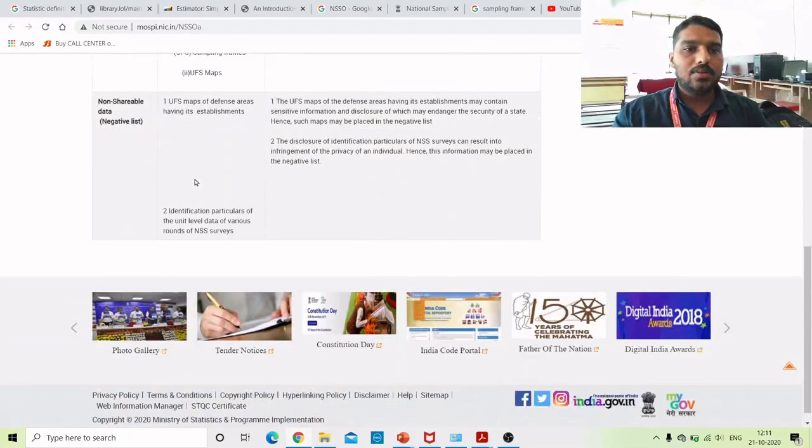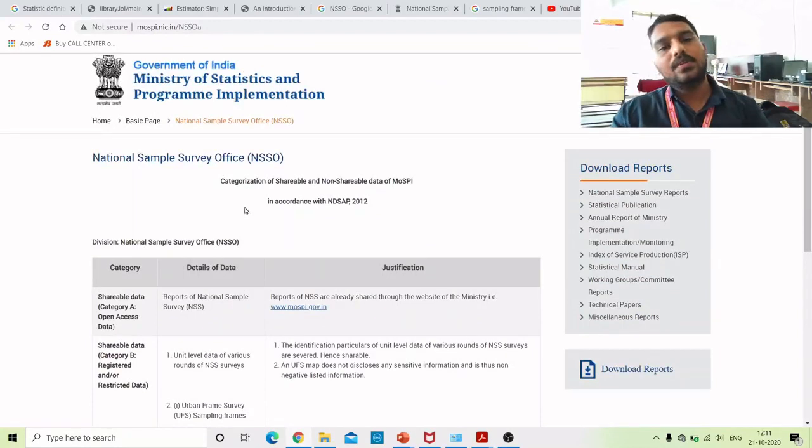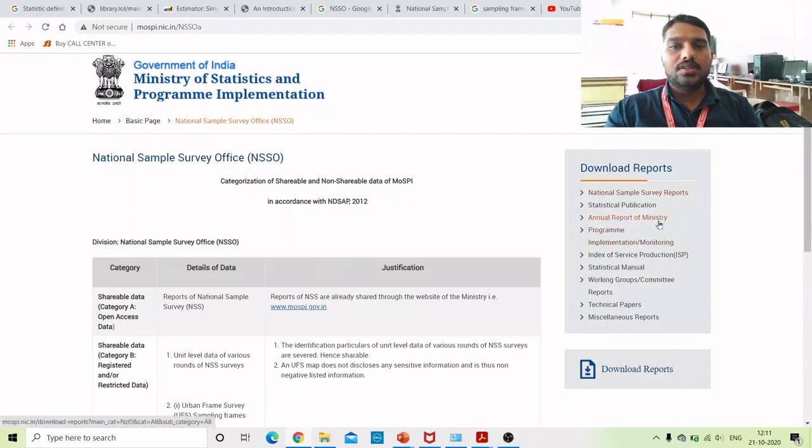So the National Sample Survey Organization is working for development of the country and to create National Sample Survey reports, statistical publications, annual reports of the ministry, program implementation and monitoring, various indexes, that means GDP, etc., statistical manuals, and so on. So for the development or progress of the country, the National Sample Survey Office plays a crucial role.